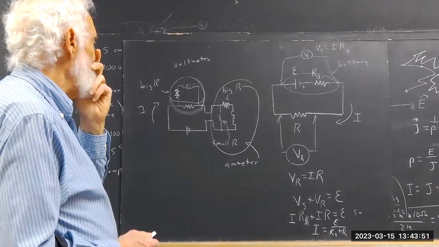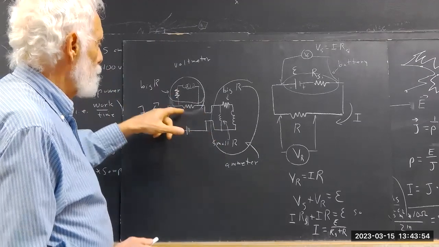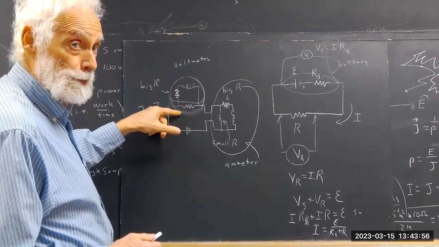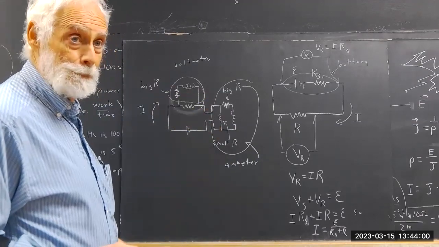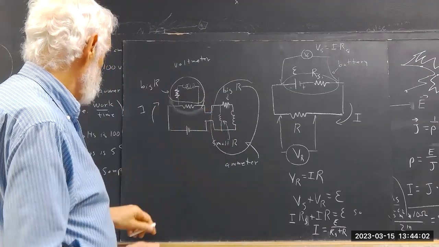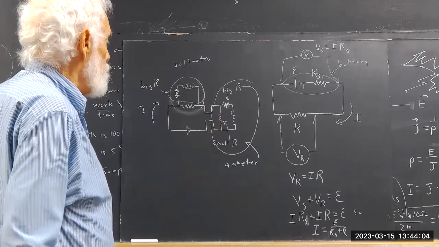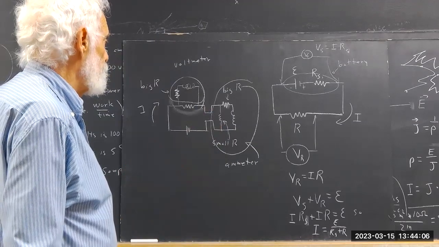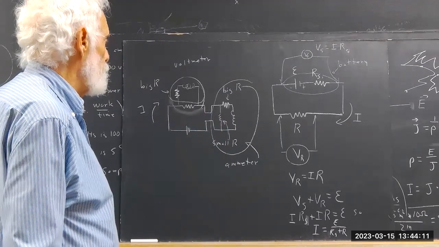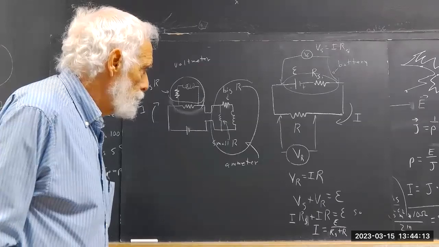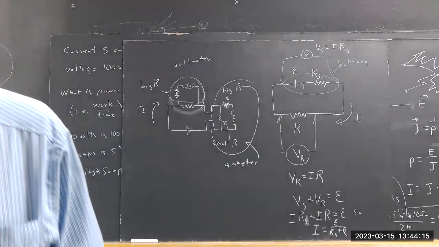If you were to put this ammeter in parallel across a large resistance, then too much current would go through the ammeter. It'd be bad for the ammeter. We want to keep that in mind.